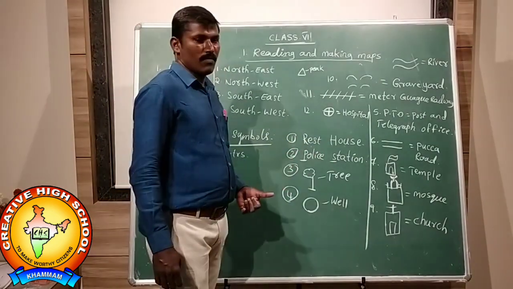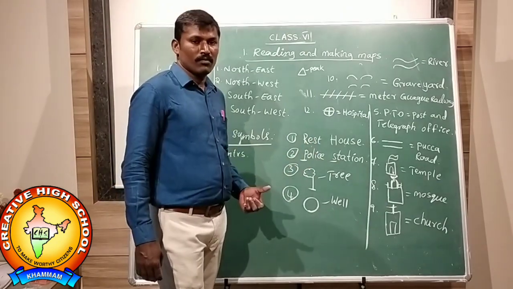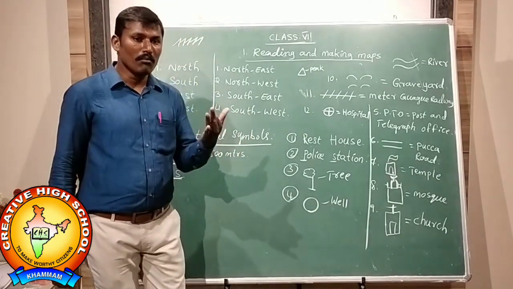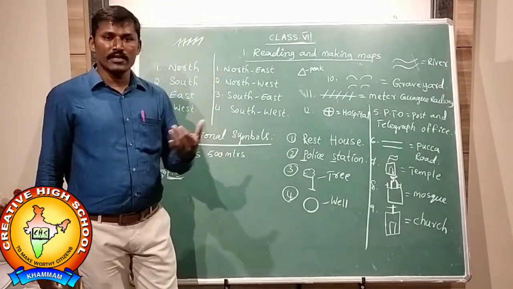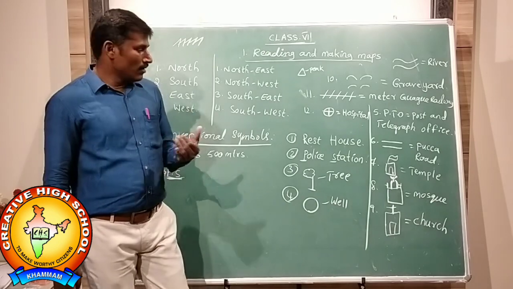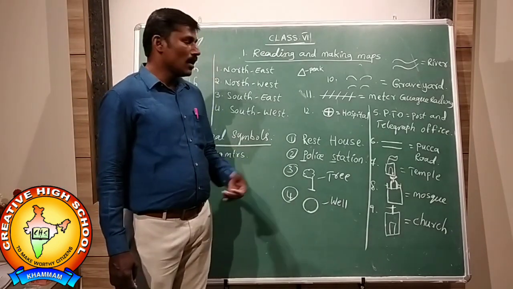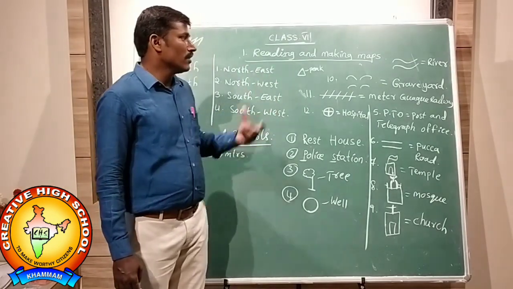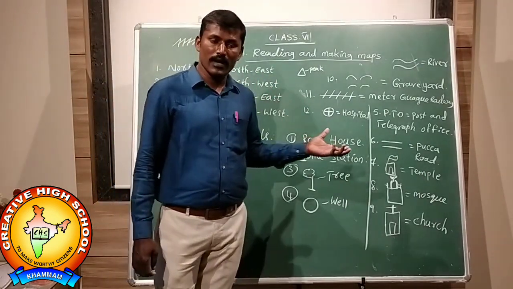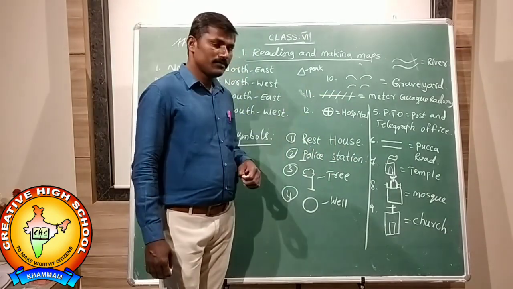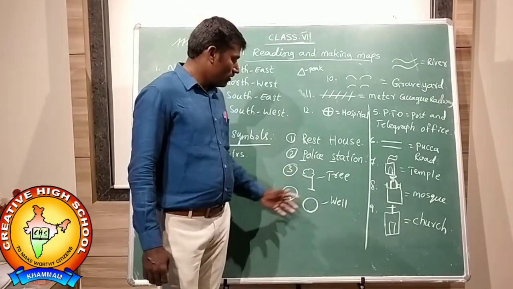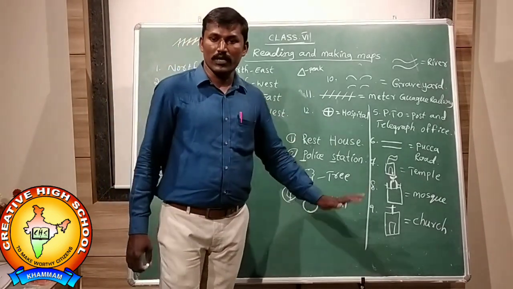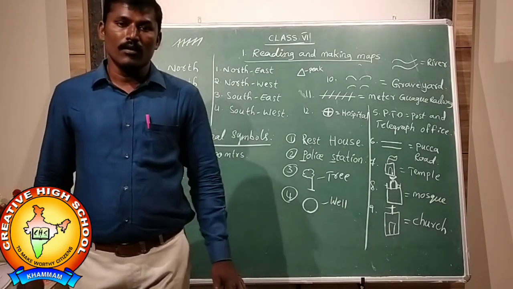Post office, telegraph office, and as well as temple, church, mosque, police station, and tree or forest, mountains, peaks, graveyard, and as well as the river. By using these, we are able to reach one particular place from another particular place.